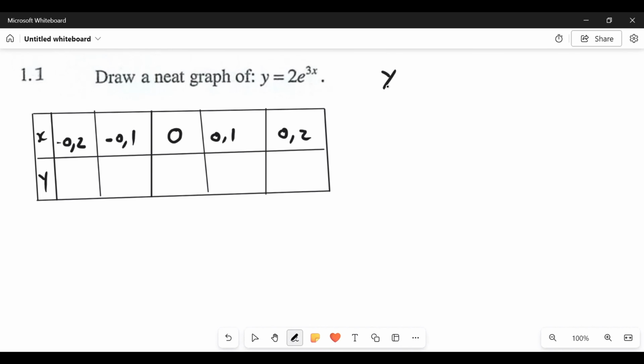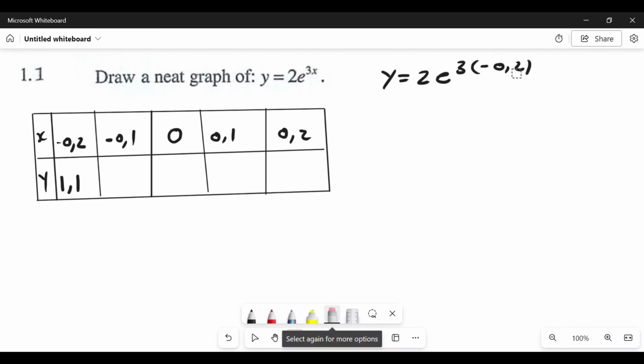Wherever there is x, we're going to substitute with the x values in the table. Let's start when x is negative 0.2. If you punch this on a calculator, your answer is going to be 1.1. So when x is negative 0.2, y is 1.1.